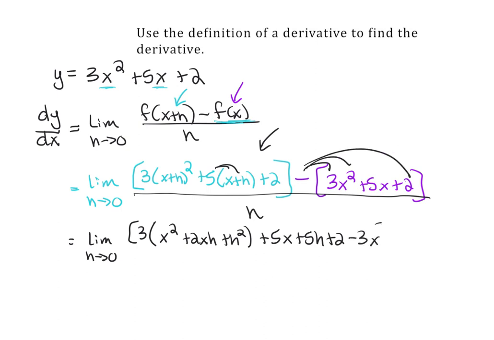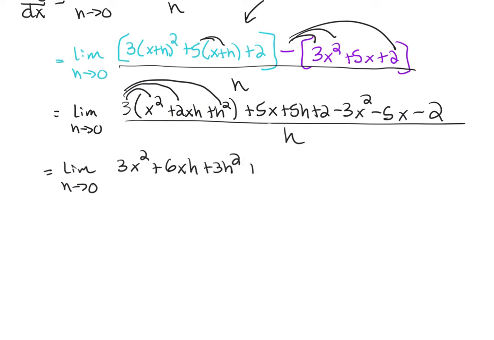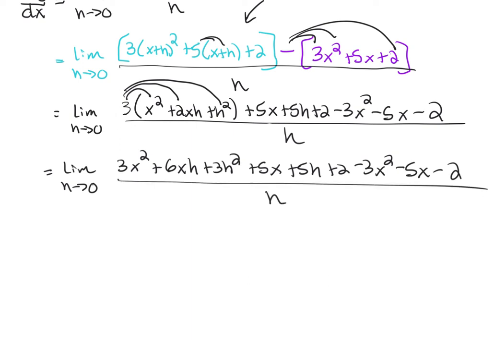So minus 3x squared minus 5x minus 2, all of that, over h. Okay, so now I still need to distribute this throughout. So limit as h approaches 0, 3x squared plus 6xh plus 3h squared plus 5x plus 5h plus 2 minus 3x squared minus 5x minus 2. That's a lot all over h.